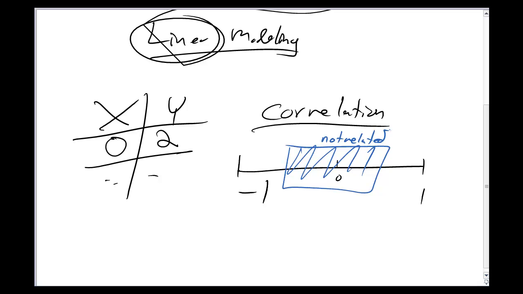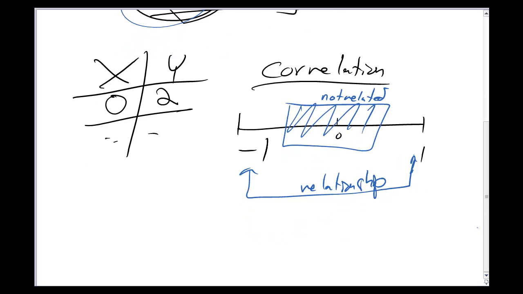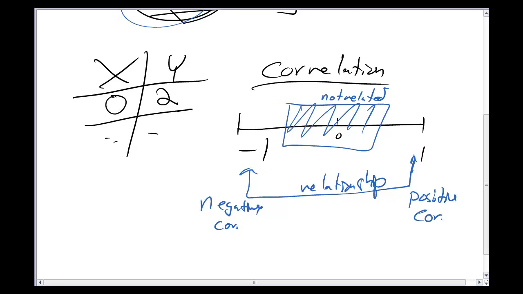I mean they're not related in the sense of a linear relationship. And if we get these things on the outside, these things do have a relationship. The closer you get to positive or -1, there is a relationship. This one on this side would be called a negative correlation, and this would be called a positive correlation.